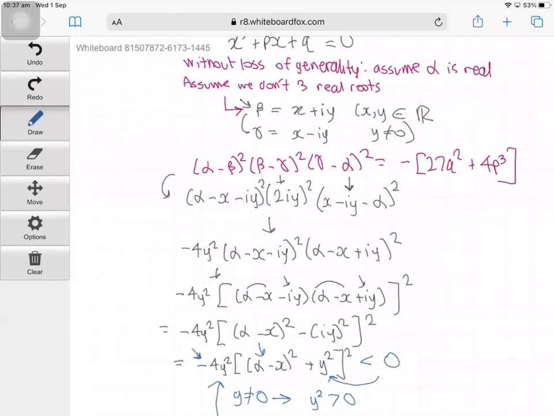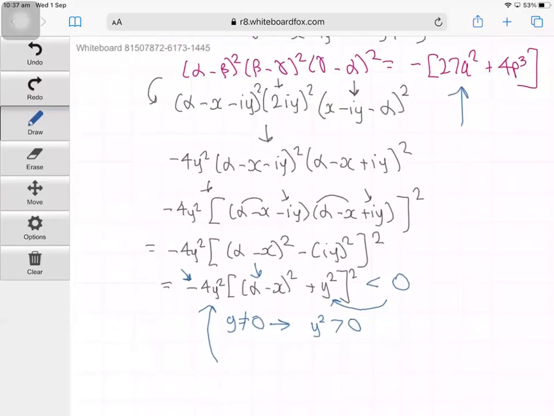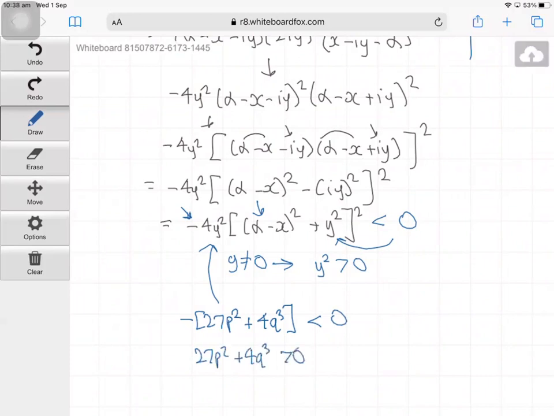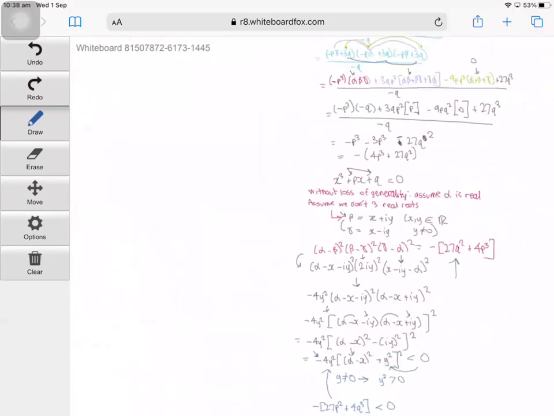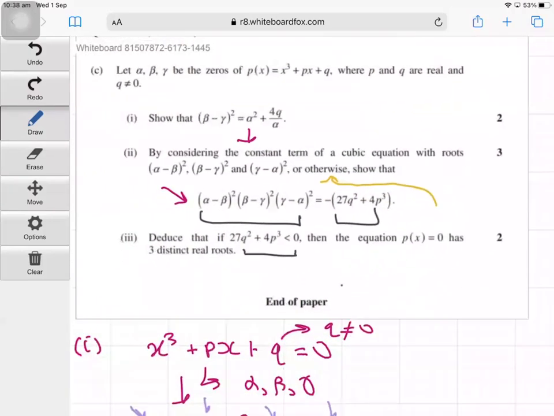And remember, the right-hand side of the expression was negative 27q squared minus 4p cubed. That means negative 27q squared minus 4p cubed has to be less than 0, which means 27q squared plus 4p cubed is greater than 0. However, the conditions of the question say we are considering if 27q squared plus 4p cubed is less than 0, so we are only considering when this occurs, so it has to be less than 0.